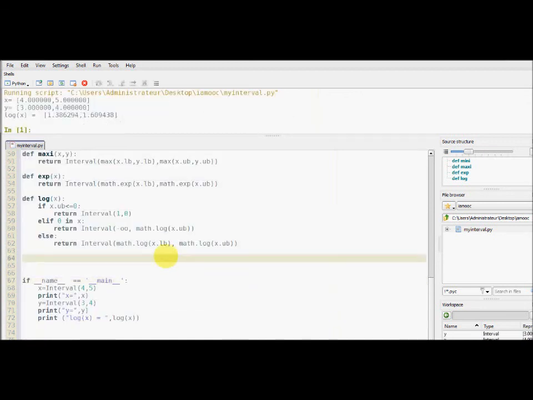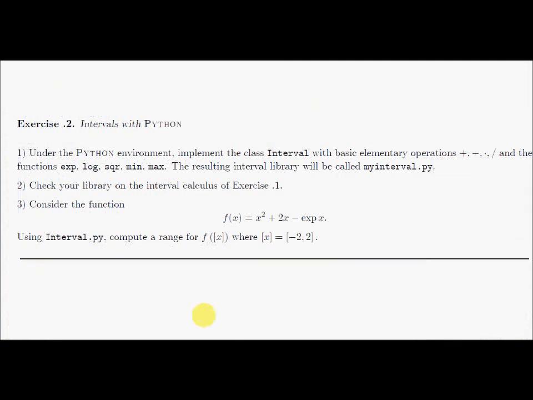Okay, so the interval library seems to work, and I will go to the last question. I consider here this function, and I will evaluate it for x between -2 and 2.